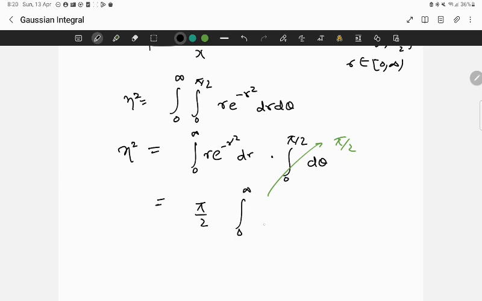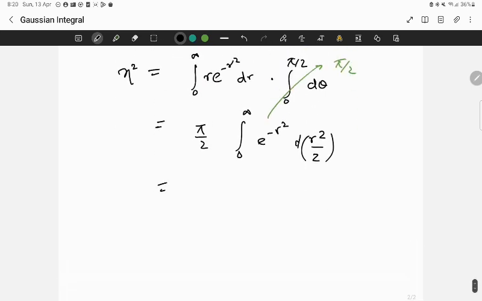You can rewrite it as d of r squared by 2, right? Then you get pi by 4 times the integral from 0 to infinity of e to the power of minus r squared d r squared, right?